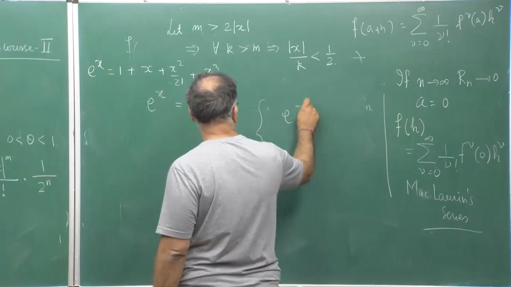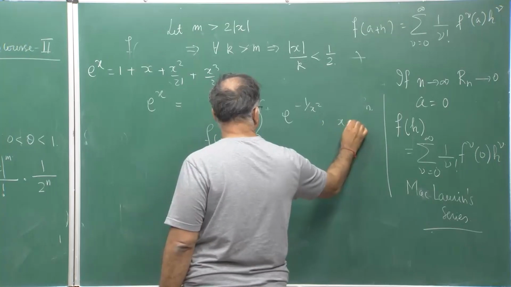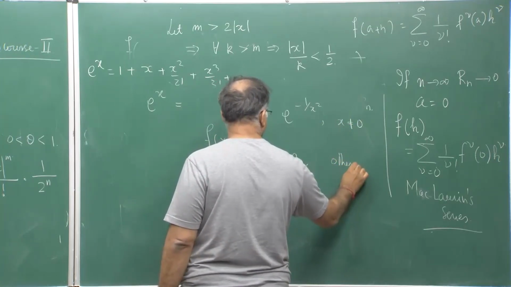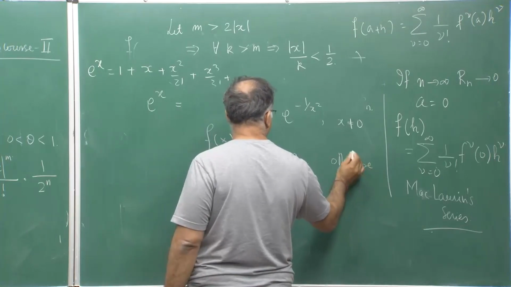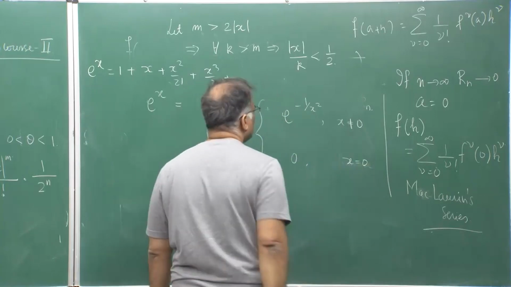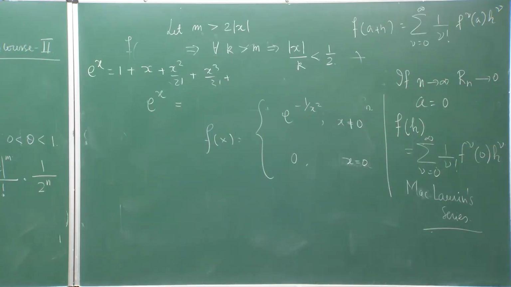That is, you have the function f(x) equal to 0 at x equal to 0. This has derivatives of all order actually at 0.